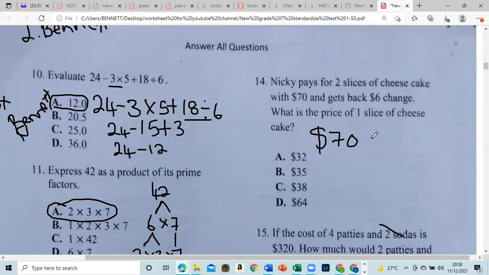So to find out how much the two slices cost, it would be 70 minus 6, which gives us 64, right? And 2 slices, so we have to divide that 64 by 2 to get the price we want. Simple as that. So it's $32 for 1.